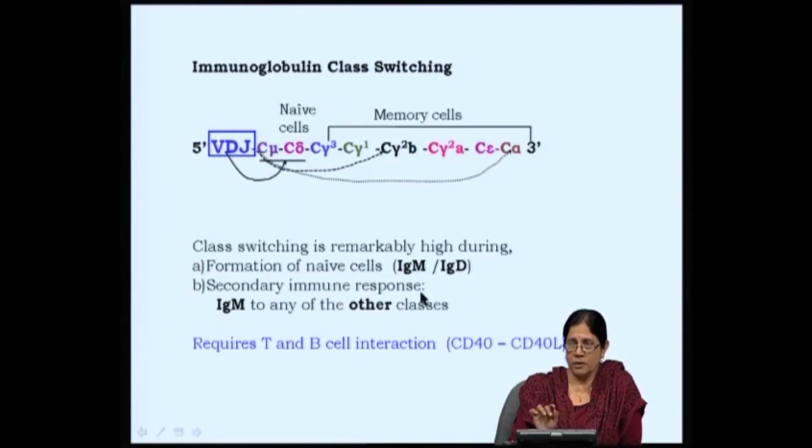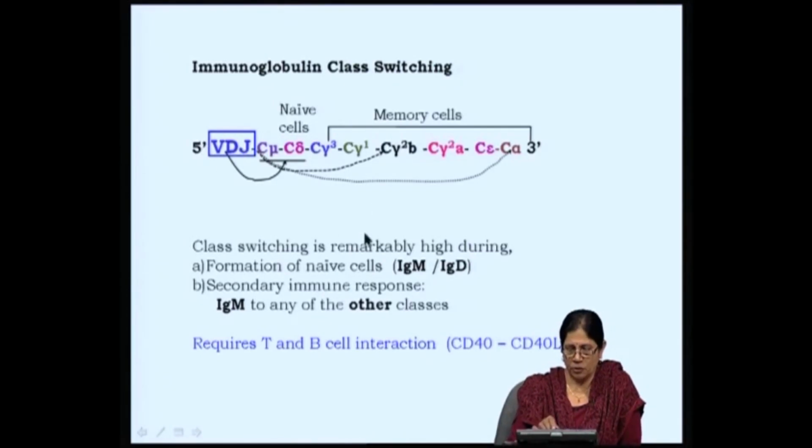Remember, in the ontogeny of B cell development, IgM is the first immunoglobulin that is expressed on the cell surface, and soon after that also IgD, and then you have these double positive cells, so to say, which express both IgM and IgD. Remember always that IgM and IgD here would be identical with respect to antigen binding.